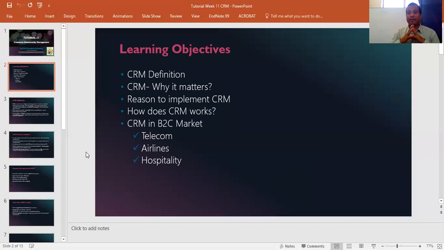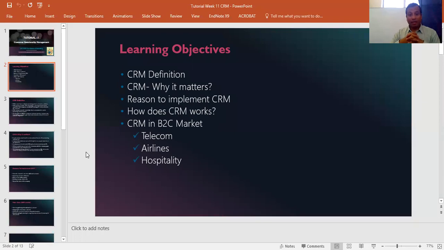What are the major content in 1 hour session? In tutorial, we'll try to understand the different definition or like from the different way of defining the term CRM. Then we'll talk about why it matters to the firm, and then what are the different reasons to implement CRM across different industry.